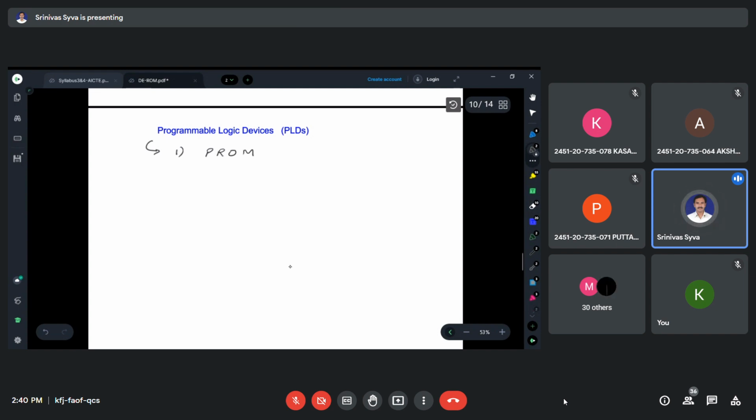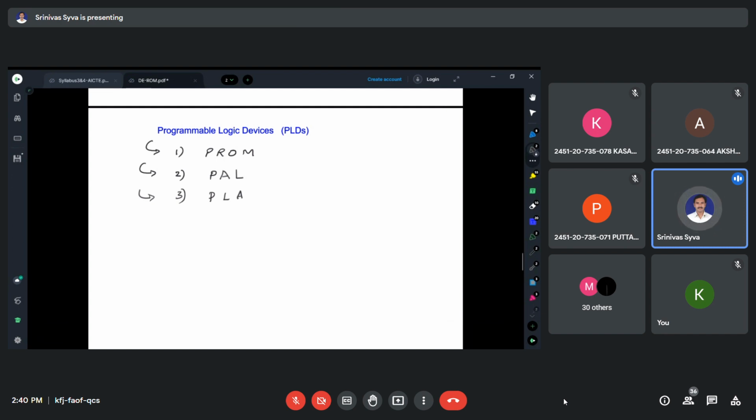This is one type of PLD, and another is programmable logic array, or you can say programmable array logic, and the third one is programmable logic array.